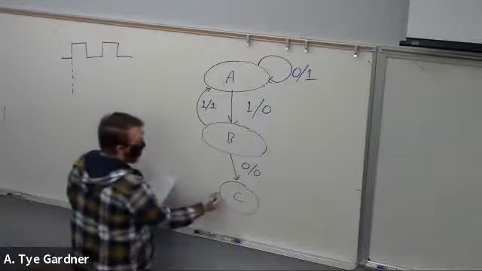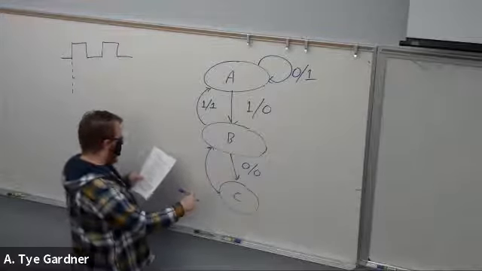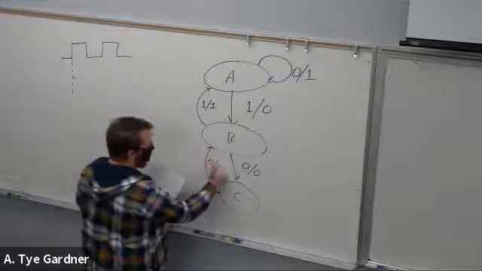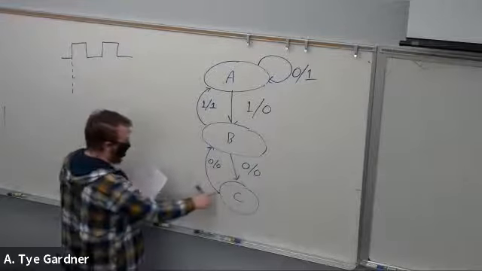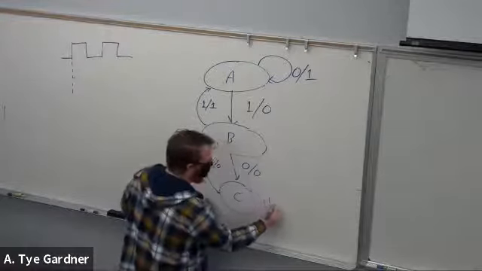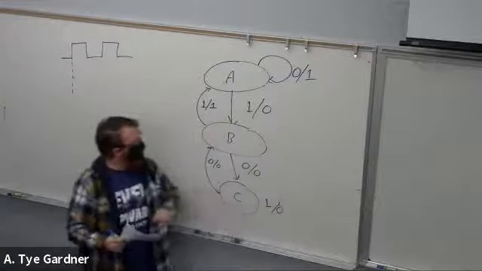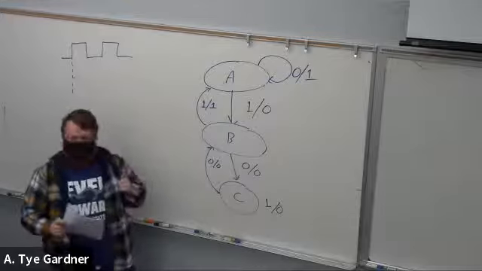Okay, similarly, if I'm in C, I'm going to go back to B if I see a 0, I'm going to output a 0. But if I'm in C and I see a 1, I'm going to output here and assert a 0. So you'll notice something.